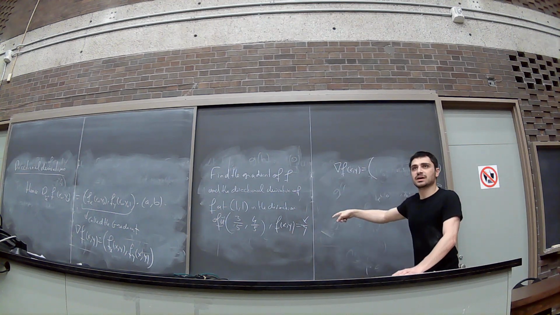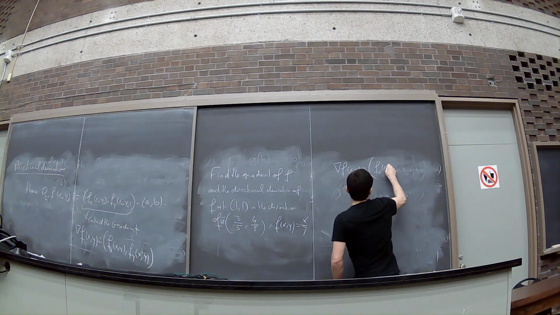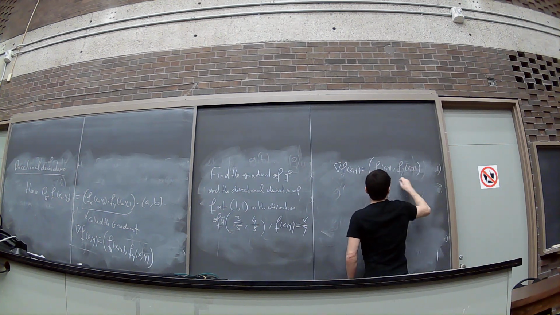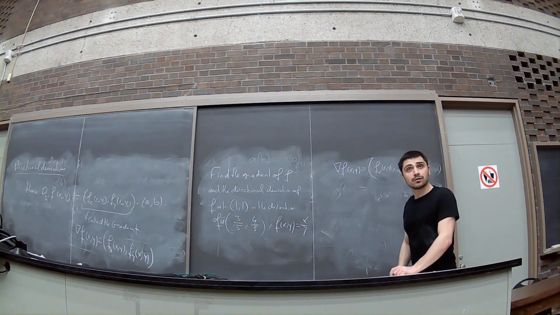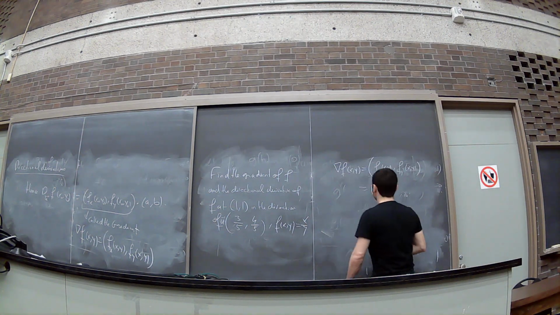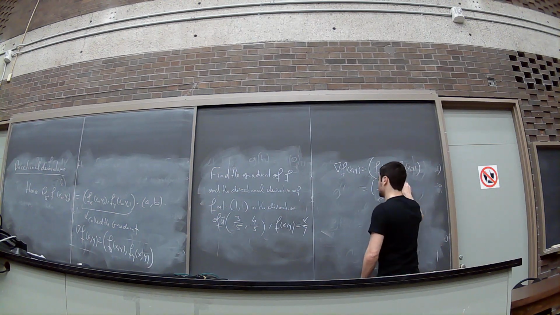What is the derivative with respect to x here? What is f_x(x, y)? 1 over y, no? And what is f_y(x, y)? It's minus x over y squared, no?